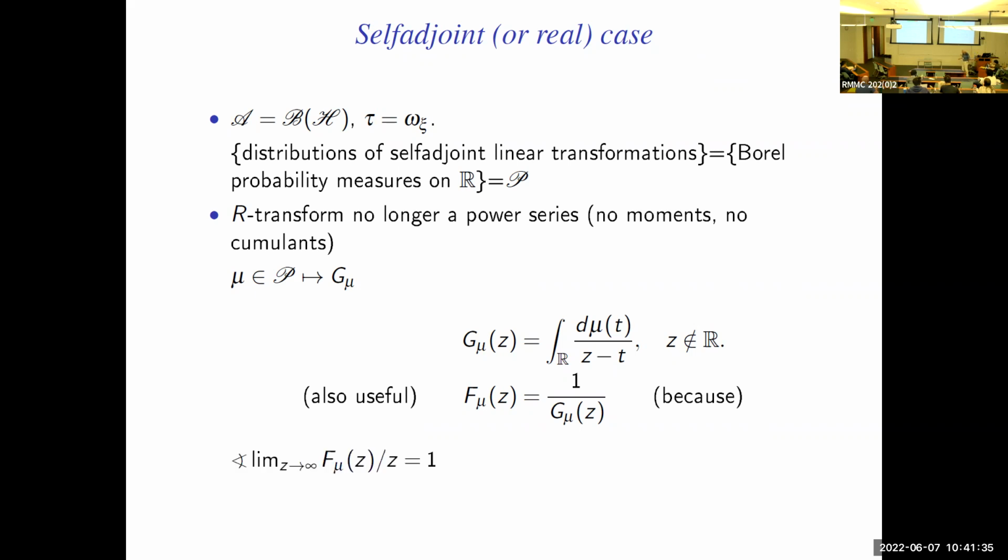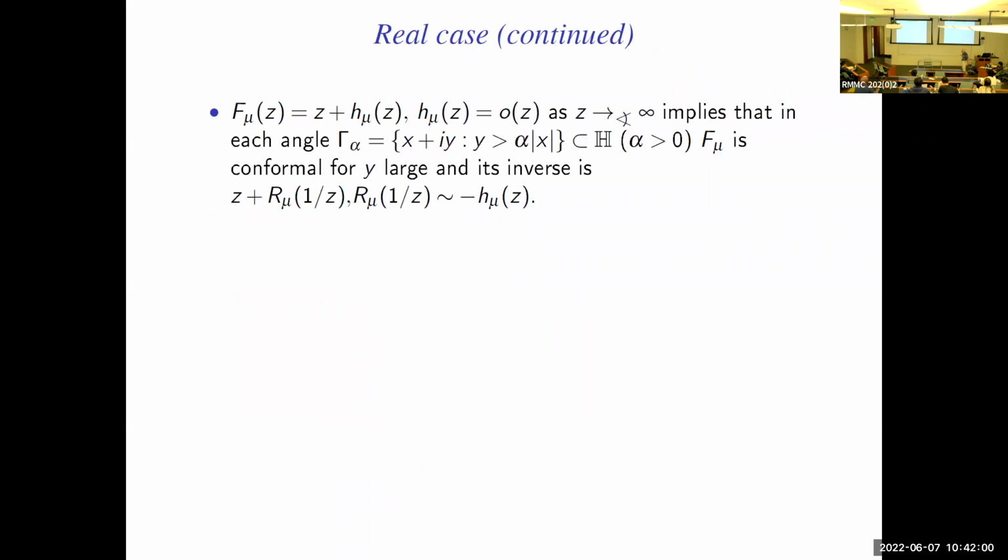And one of the reasons for this convenience is that the angular limit as z goes to infinity of F_mu of z over z is equal to 1. So for instance, if you go to infinity along the imaginary axis, that limit is going to be equal to 1. But you can go in other directions as well, just not tangentially to the real line.